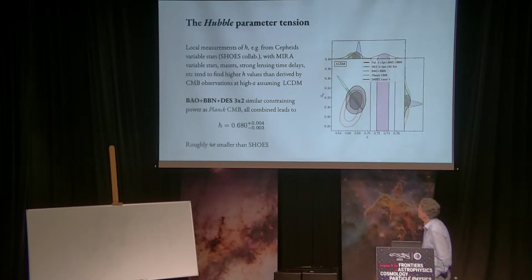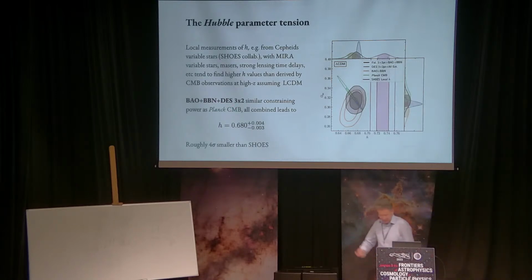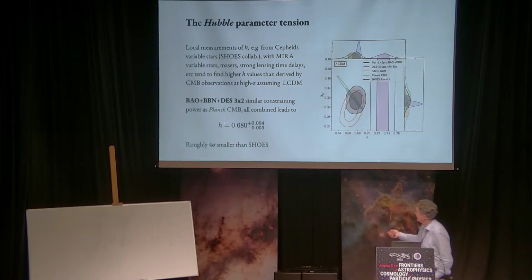The other thing that they look at is that if you assume a BBN prior, you can also check out of this data H0. And again, they get a value which is in agreement with Planck. So what do they use? They use baryonic acoustic oscillations, BBN, and these measurements, no CMB in this case, even though they must assume something for r_d, the sound horizon, and they get this number here.